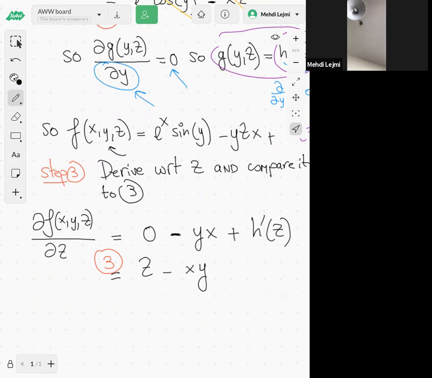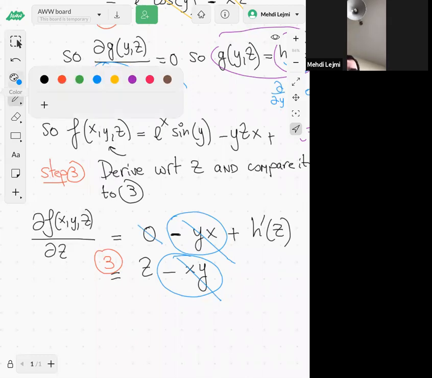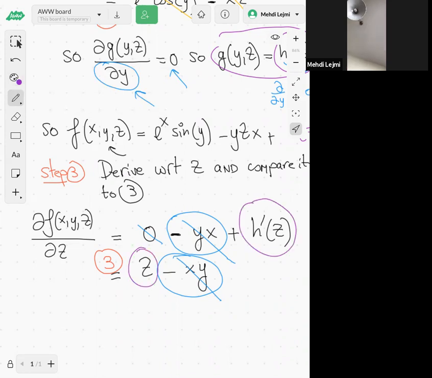Okay, so now if we compare the two functions, we got minus yx, minus xy. That's the same thing, right? And then there's a 0, and we don't care about 0. And so the conclusion here is that this h prime of z is equal to z.